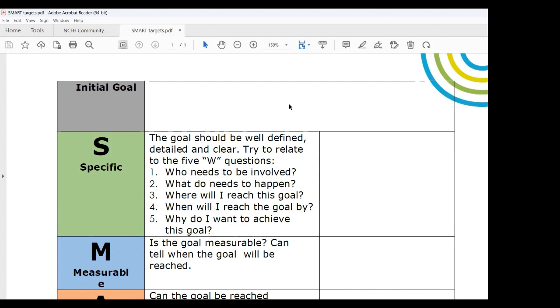So I could make it smarter by saying, I'm going to read at least one book every month, and I will do it when I normally watch TV. Instead of watching TV, I'm going to turn the television off, or move to another room and read a book. So I can measure this, because after a month, if I've not even started a book, I know I haven't achieved it, have I?